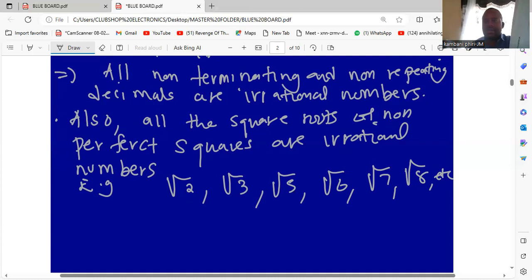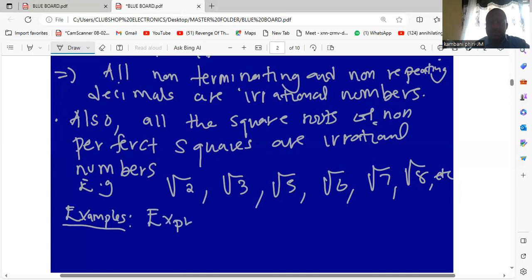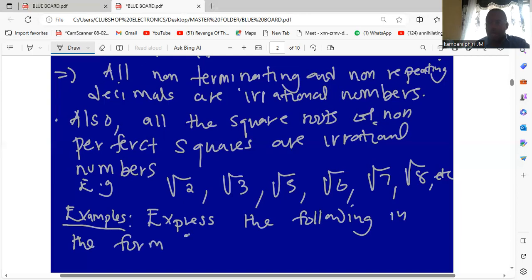Maybe we can say some examples. Express the following in the form A divided by B, for B is never equal to 0.